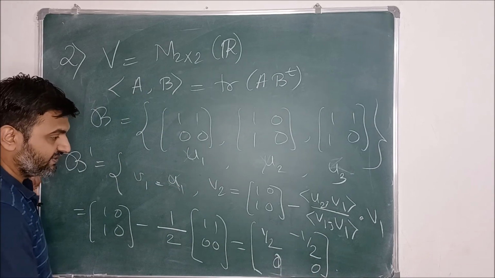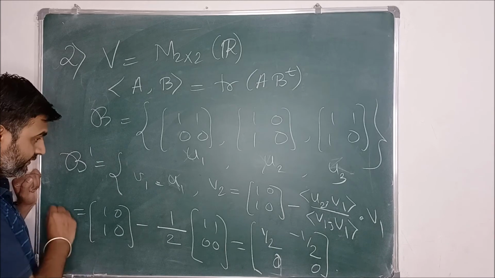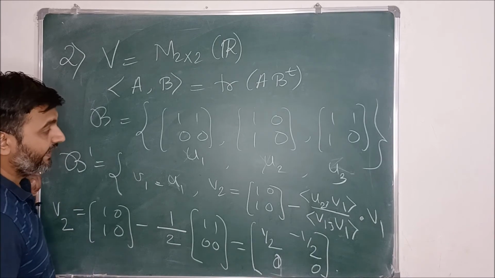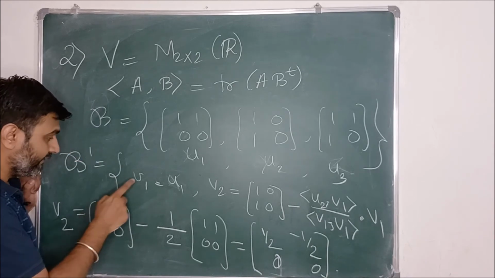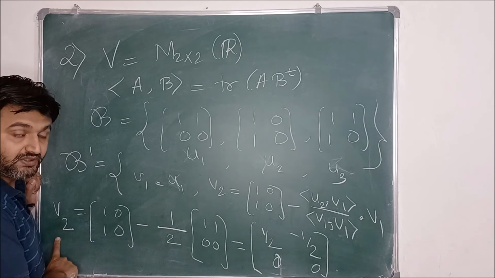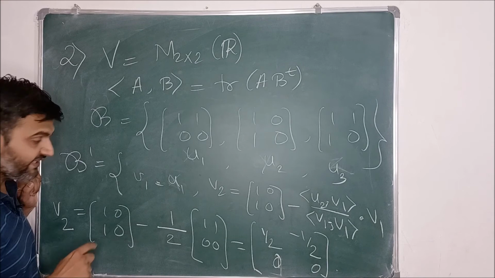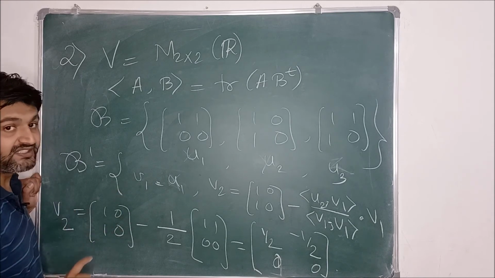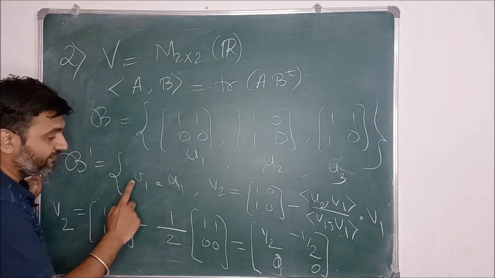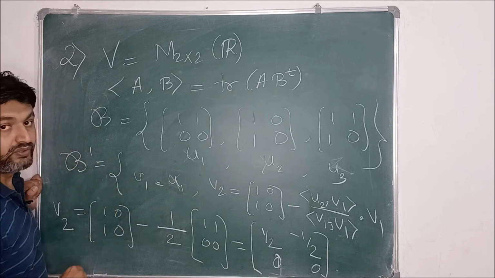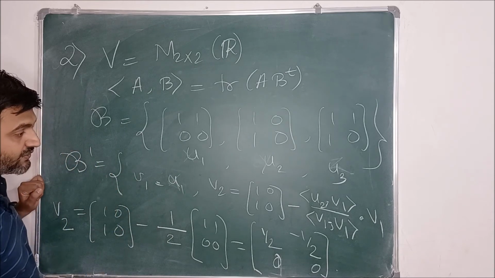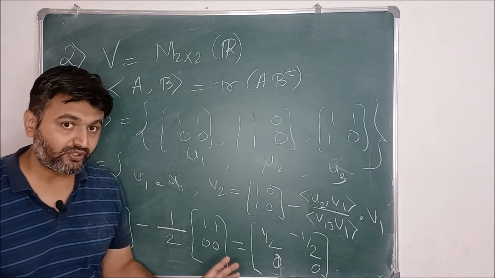Okay, so this is another vector. This is my V2. Now you can check, if you do V1 into V2 transpose, your trace will come out to be 0, and therefore V1 and V2 are orthogonal. Okay, so I hope you got the idea of what I have done.